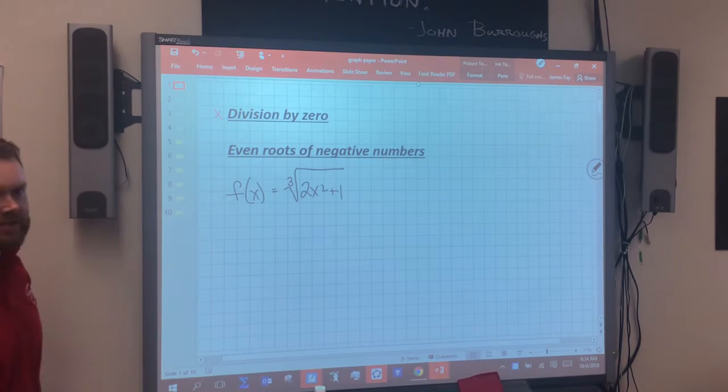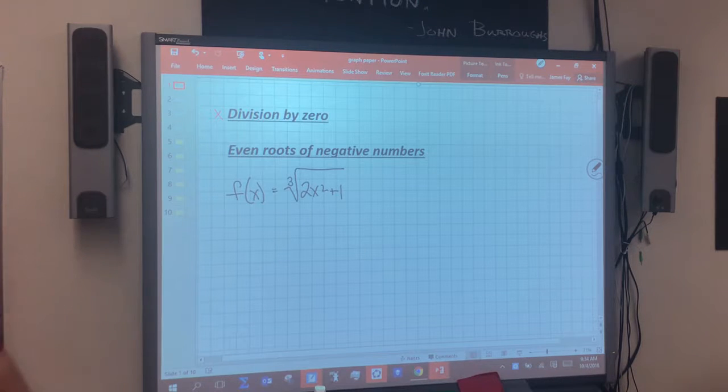Division by 0. Do we have division here? Even roots of negative numbers. Do we have an even root here? No. Okay. So at the onset we start with the idea that we're looking at a domain of all real numbers, and then we see if either of those two things is occurring. If they're not, then there's nothing that gets kicked out, right? Okay. If we were to graph that, let me show what that thing looks like here.